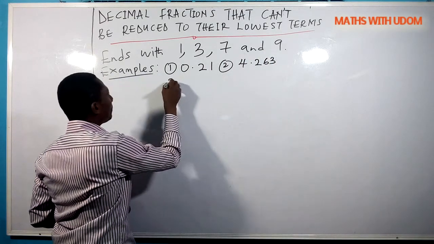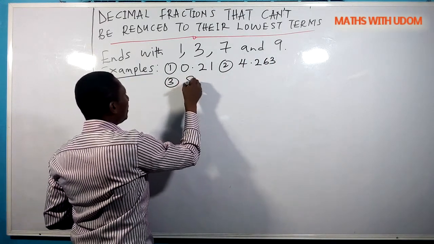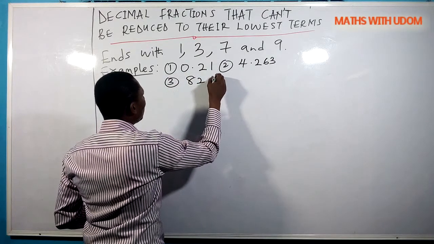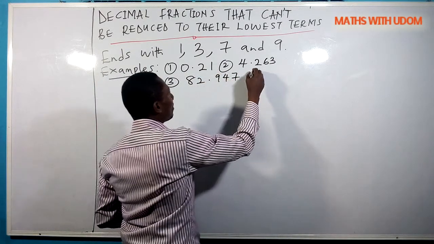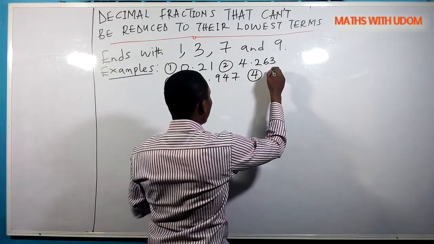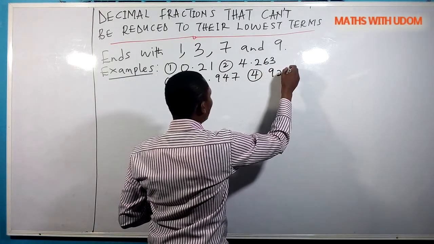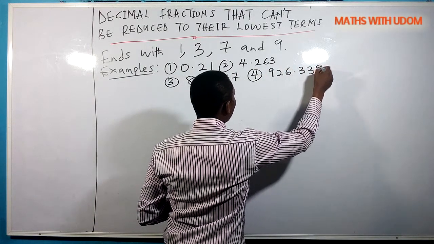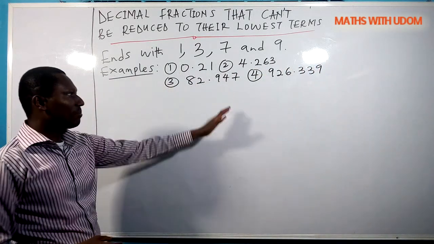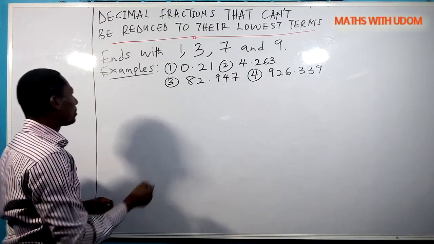Number 3, 82.947. And lastly, number 4, 926.339. So let's start with the first example.